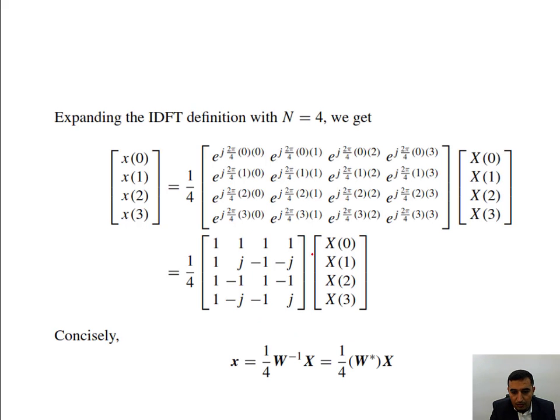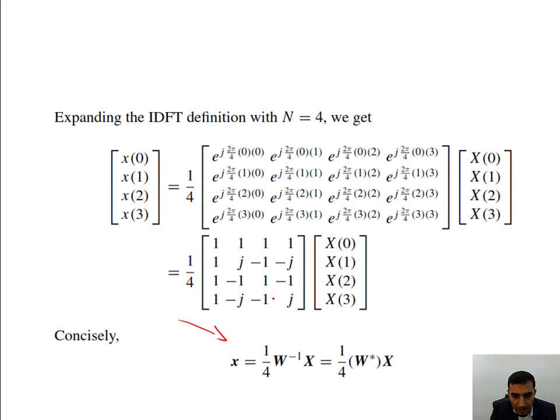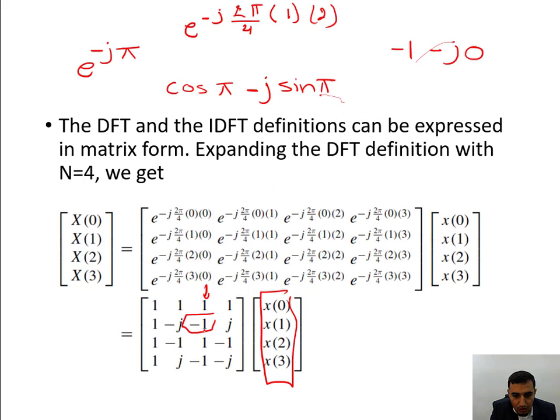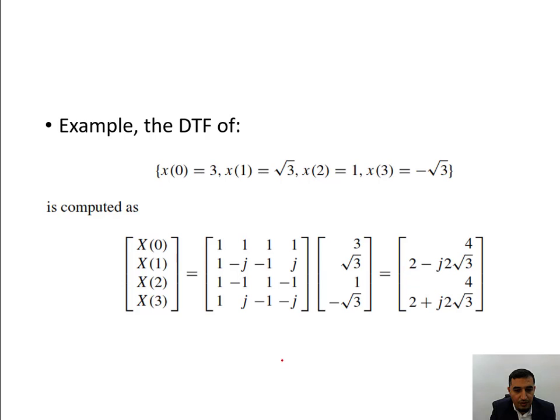Now, if we apply this for the inverse Fourier transform, we will have the transformation by 1 over 4 multiplied by these values. We will get our values as you can see over here. Compared to this one, this is the conjugate of w.